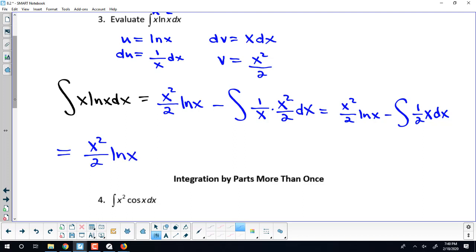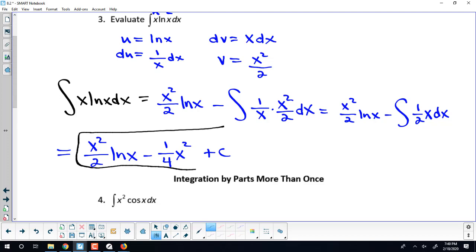And we've got x to the second over 2, so minus 1 over 4 x squared. Let's see. Is that what you got? Anybody have any questions there?